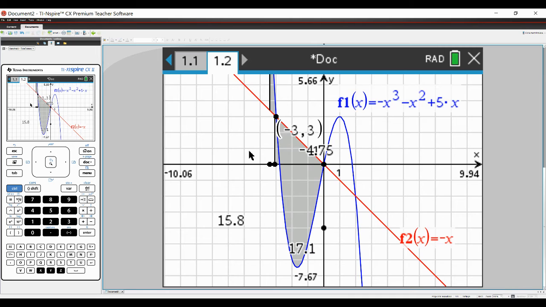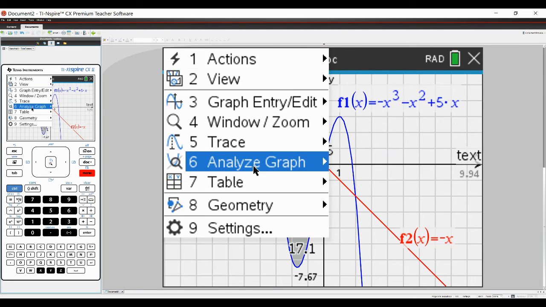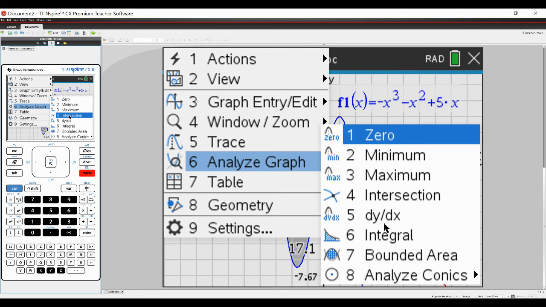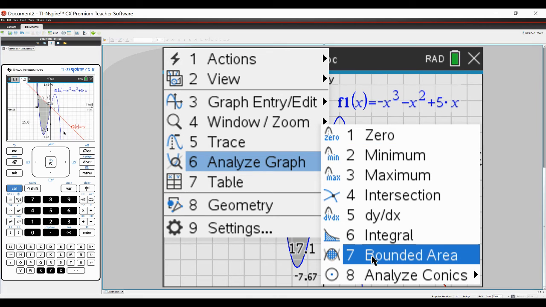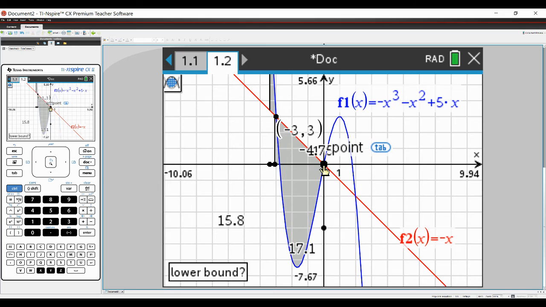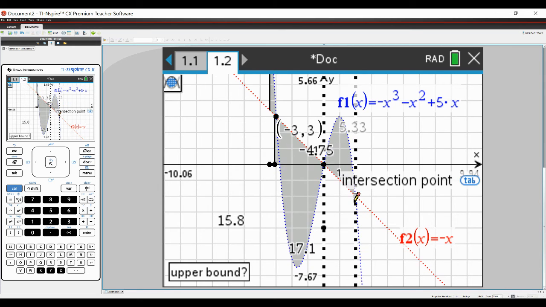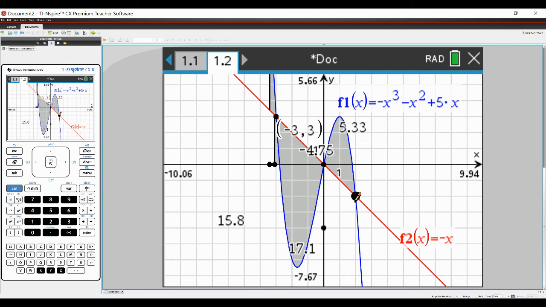My second interval starts at 0. And I'm going to look for this bounded area. And this one I want to start here, and I want to end there. And it looks like that's going to be 5.33.